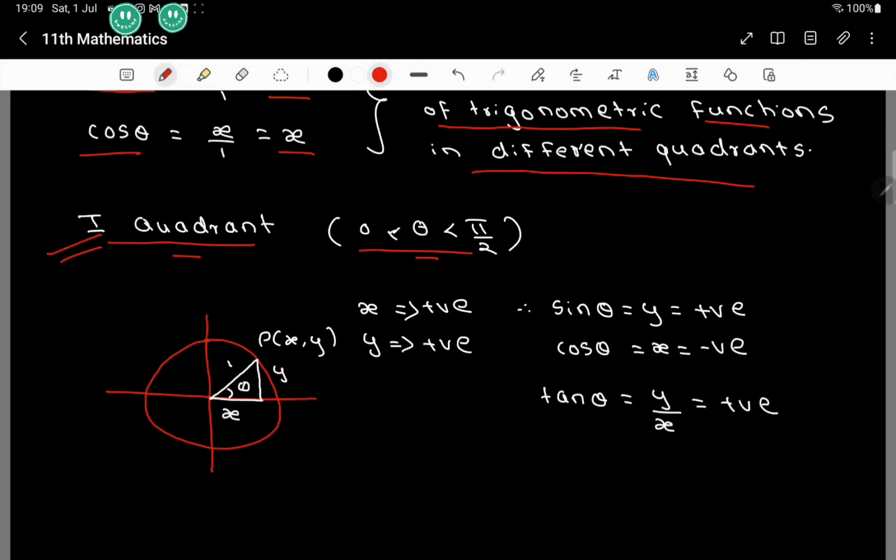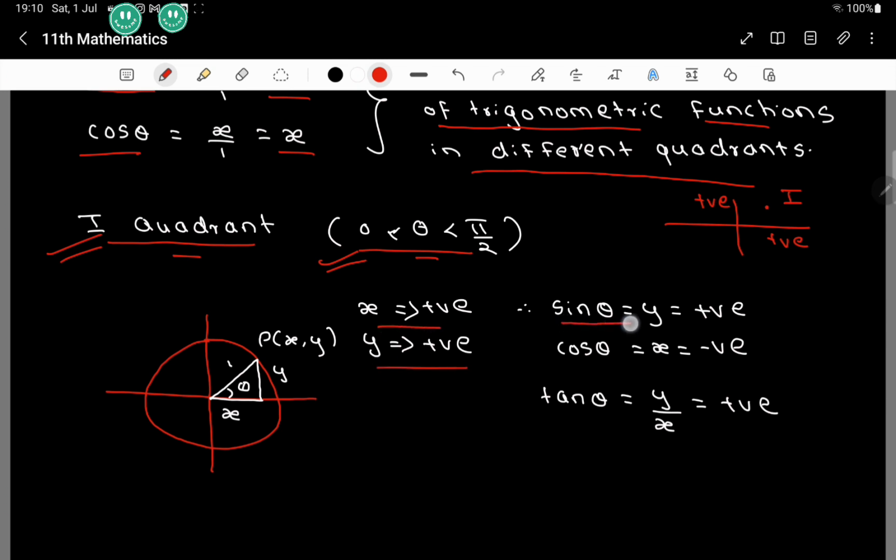Now let's look at the first quadrant. In first quadrant, theta lies between 0 and pi by 2. Let's draw the quadrants over here. This is the first quadrant. We can clearly see that x is positive as well as y is positive.